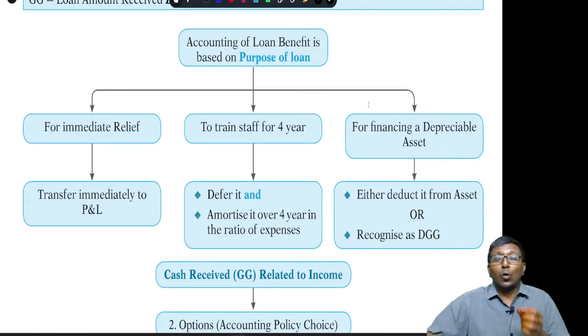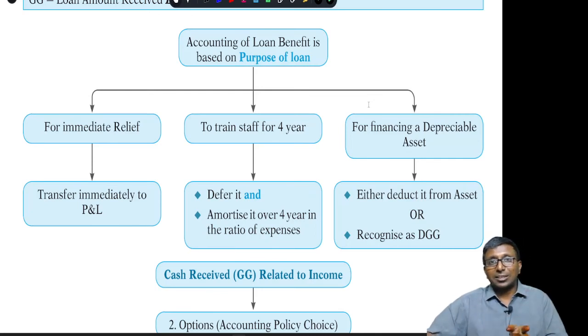It depends on why the loan has been given by the government to you. If the loan is given as immediate financial relief, then immediately that amount, 10 rupees, will be transferred to profit and loss. If the loan has been given to train your employees for 4 years, then transfer it to profit and loss over the period of 4 years in the ratio of your training expenditure. That means initially you will be transferring it to DGG, and from DGG to P&L over the 4 years.